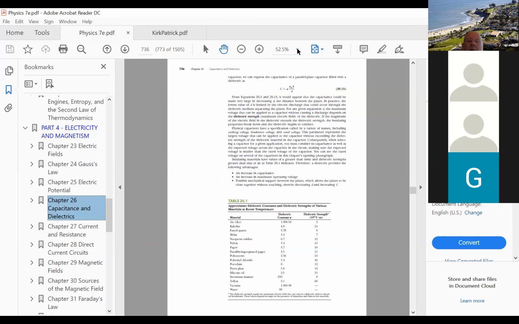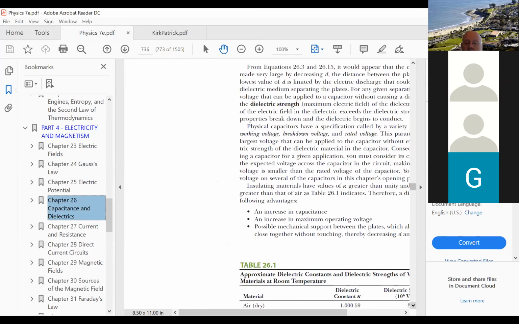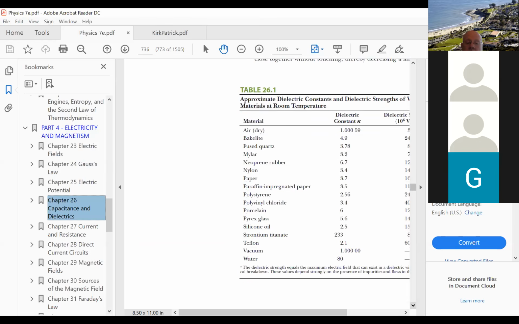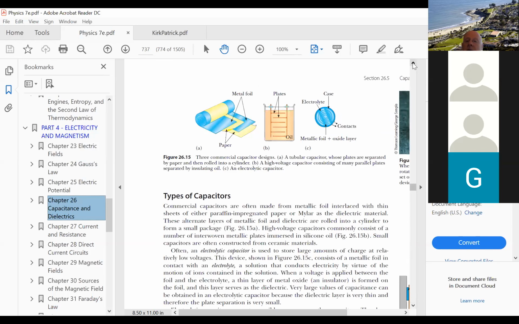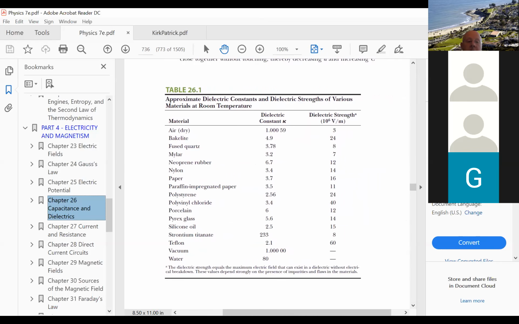I'll make it a little bigger and scroll down to the table. I'm getting myself sidetracked here. Nylon says 3.4. So our plastic was either nylon, but it could have been PVC, which is also 3.4.